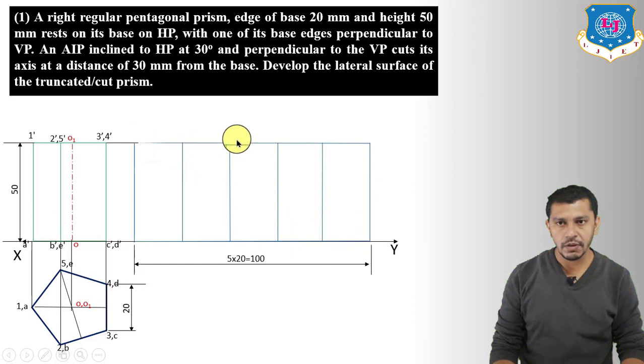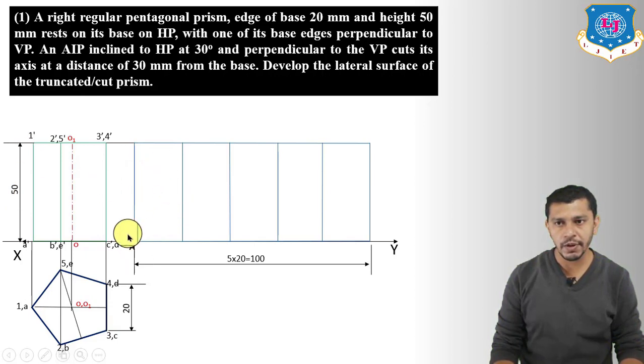So this will be the basic development of the pentagonal prism, which will show the rectangular faces, and the pentagonal prism has 5 rectangular faces. The width of each rectangular face will be equal to the length of its base, and the length will be equal to the height of the pentagonal prism.